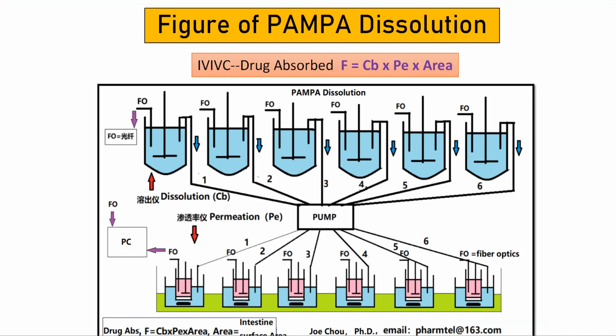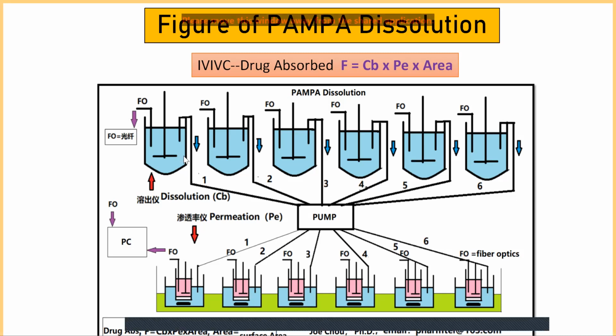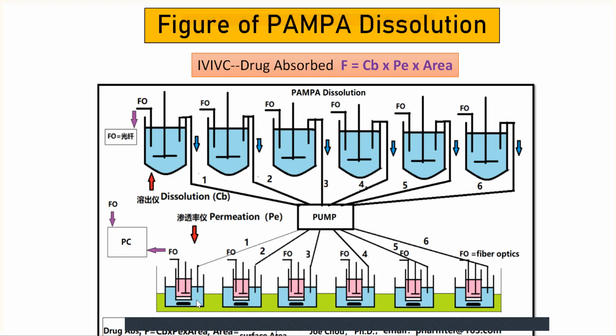From 30 minutes and beyond, we add the small intestine fluid to make the final volume about 500 ml. That more or less mimics the human GI tract in terms of pH and volume. The pump here pumps the drug dissolved in the biorelevant media through this line to the so-called PAMPA.